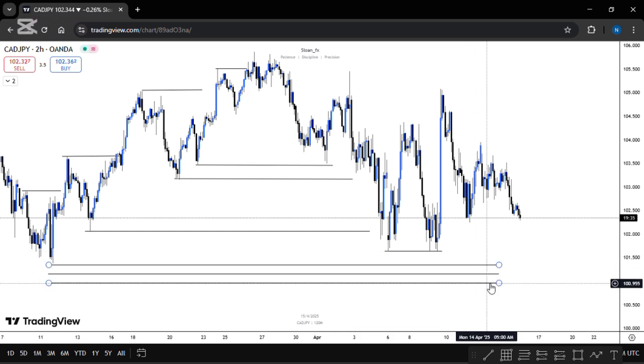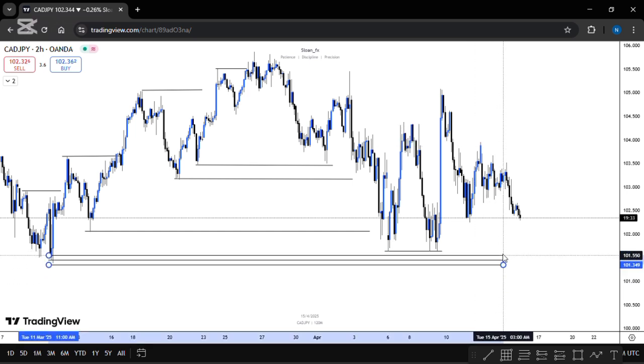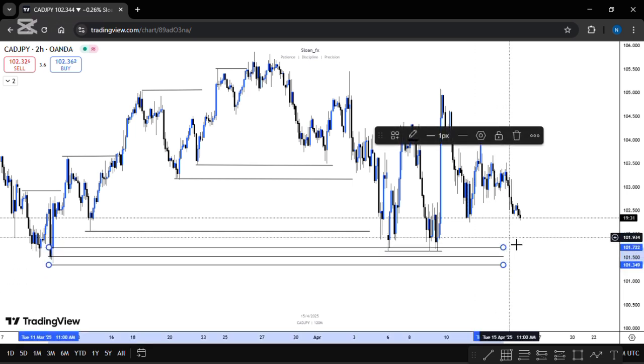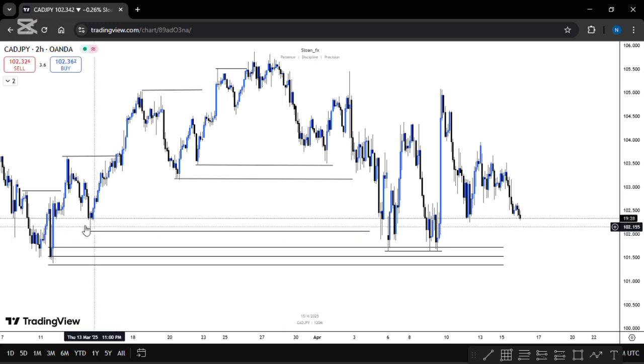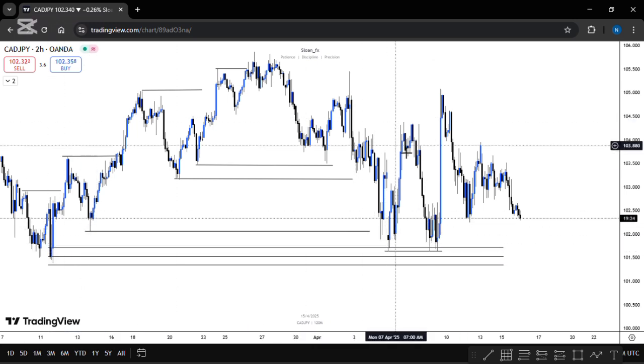That is after the market has mitigated the first buyers from here, mitigated the second buyers right here, and then went up a bit. Now it came and mitigated the third time, even a fourth time.